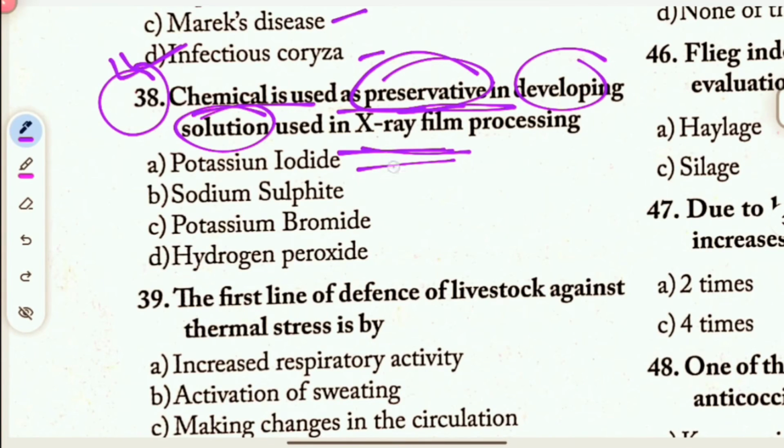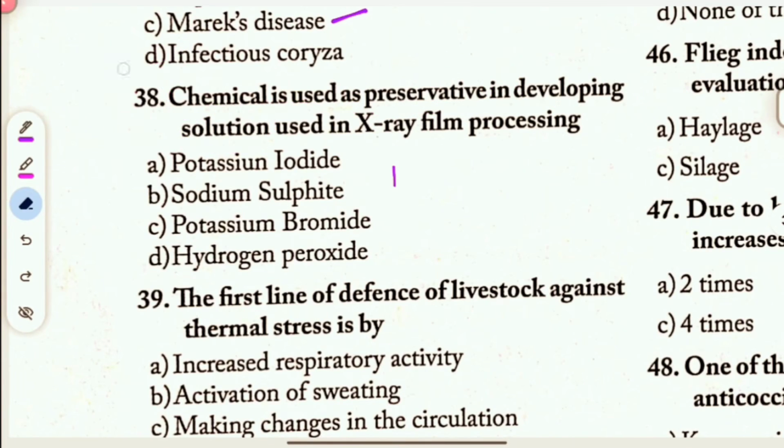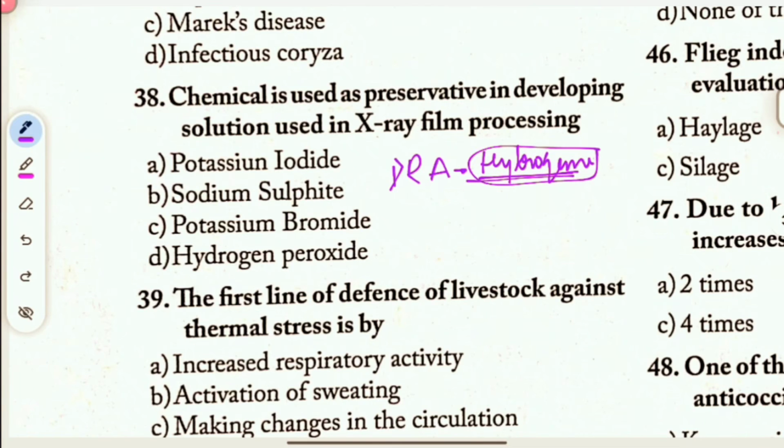The first step is developing. In developing, the components used are a reducing agent, hydroquinone. This hydroquinone reduces ionic silver to metallic silver. This is the function of the reducing agent in the developing solution.